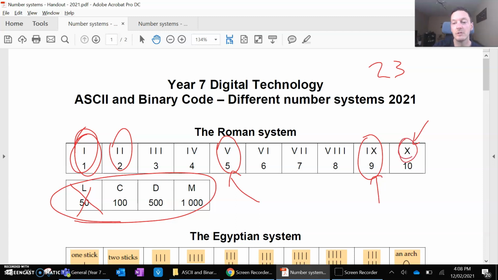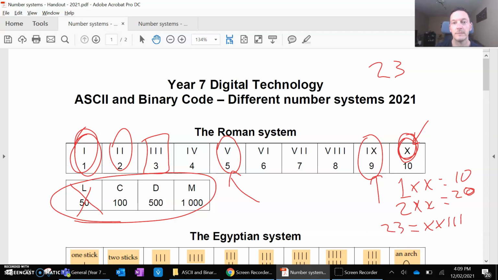I think we can use this one a little bit. Okay, so if 1 times X, oh, that's really confusing, equals 10, well, 2 times X is going to equal 20. Okay, so we've got 20 of those 23. Now we only need to find 3 more. 3 is represented by this one. So X, X, stroke, stroke, stroke is equal to 23. So that's that process there.